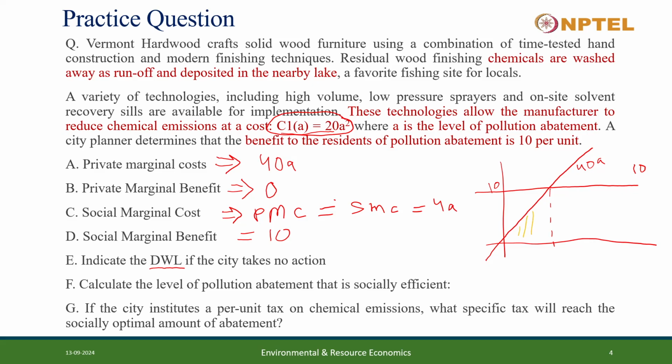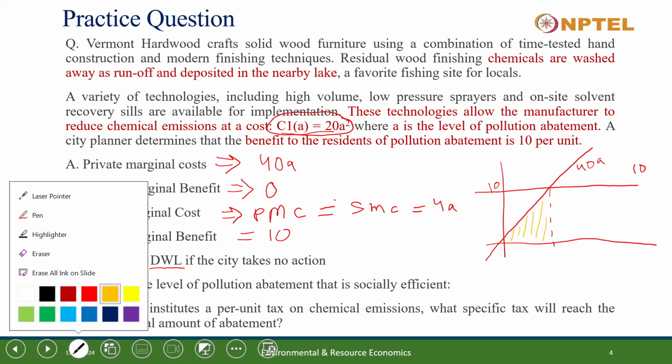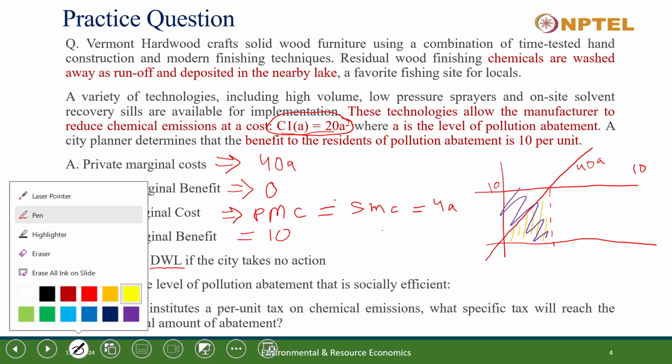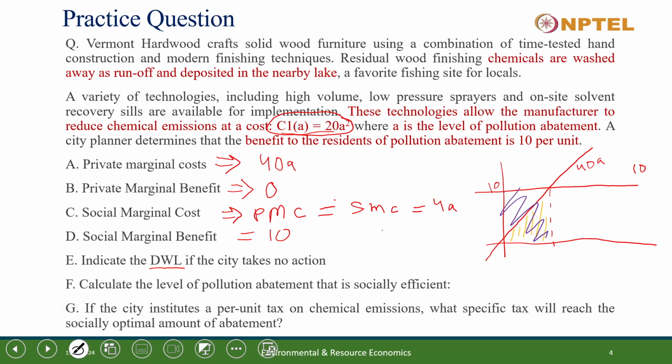This area is the cost of abatement. However, this whole area is the benefit because of pollution abatement. The area which I am drawing with a blue line will be represented as dead weight loss.